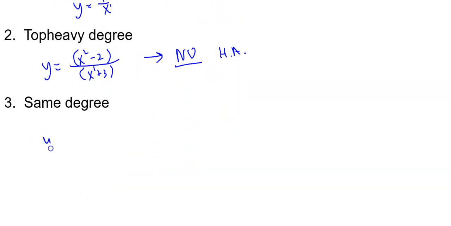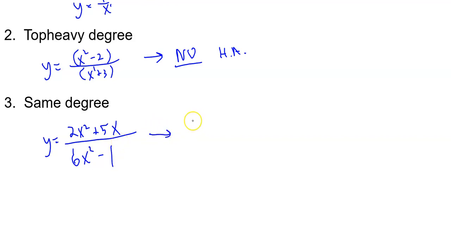Third situation is you have the same degree. So let's say you have something like this. Y equals 2x squared plus 5x over 6x squared minus 1. So if this is the case, you do have an HA. For the HA, you divide the coefficients.